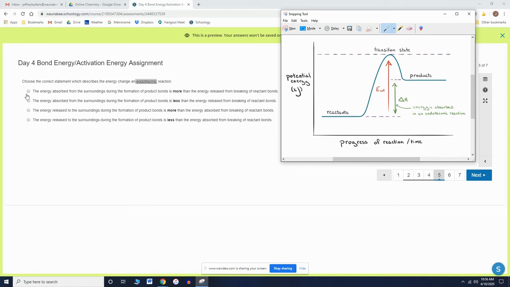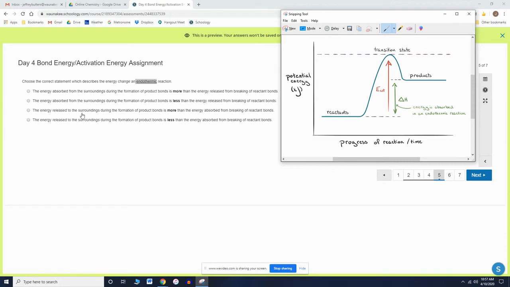I am going to eliminate options 1 and 2 right away because they are talking about energy being absorbed when bonds form. That is incorrect. Energy is released when bonds are formed. Energy is absorbed when bonds break. So options 3 and 4 are the only ones that could be correct.